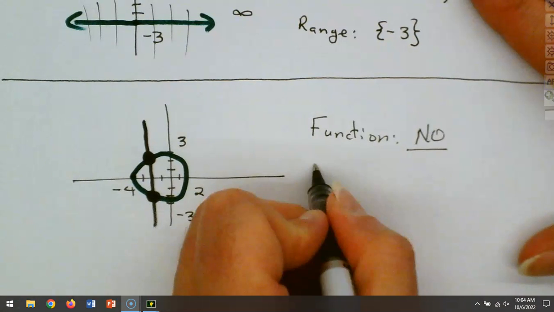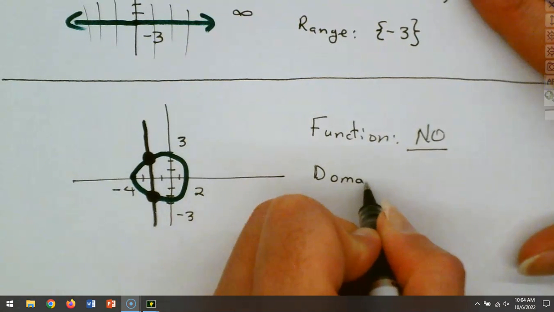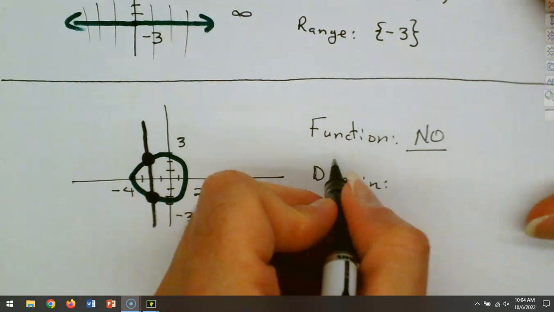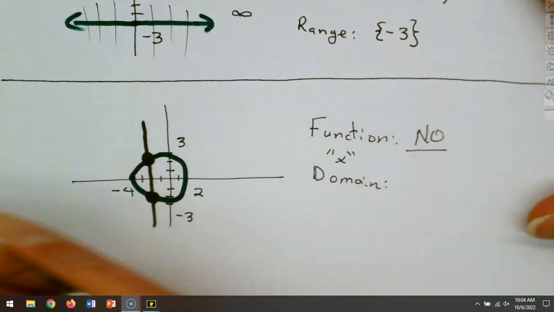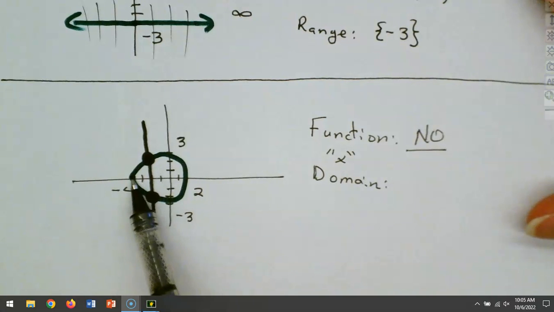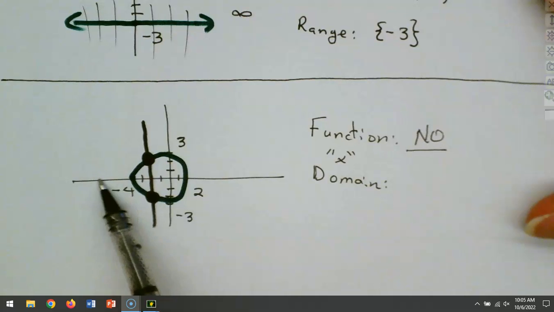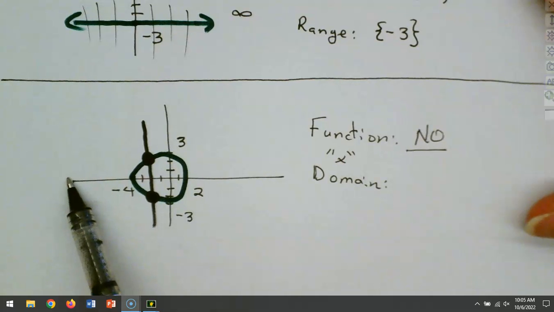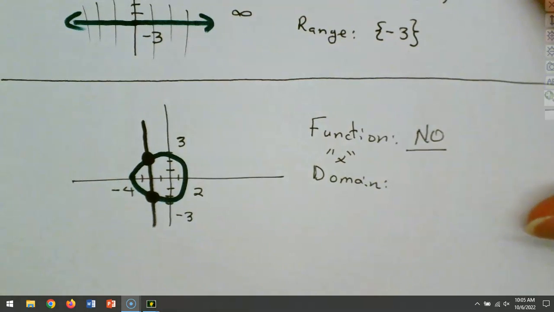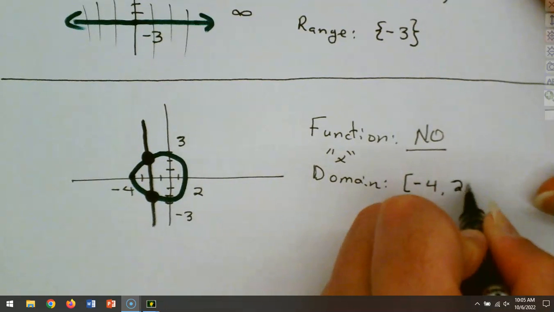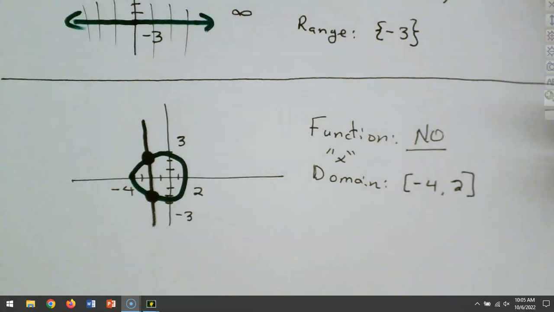Now the domain is going to be the values of x. So where does this graph exist from? Well, it never goes past this 2, and it never goes past the negative 4 on the x part, does it? So my domain would be negative 4 to positive 2.